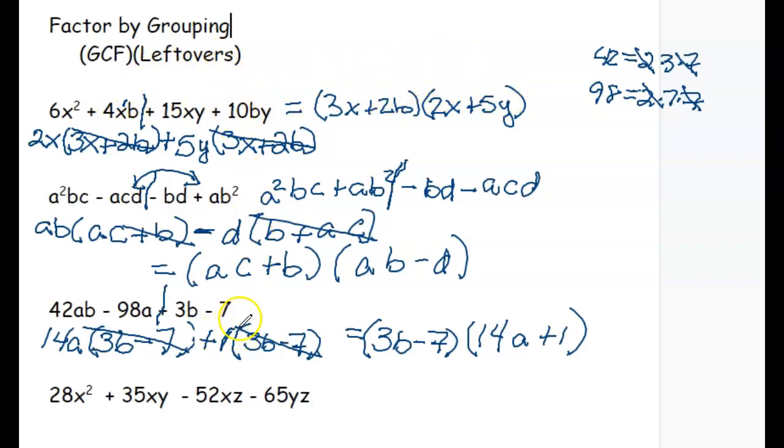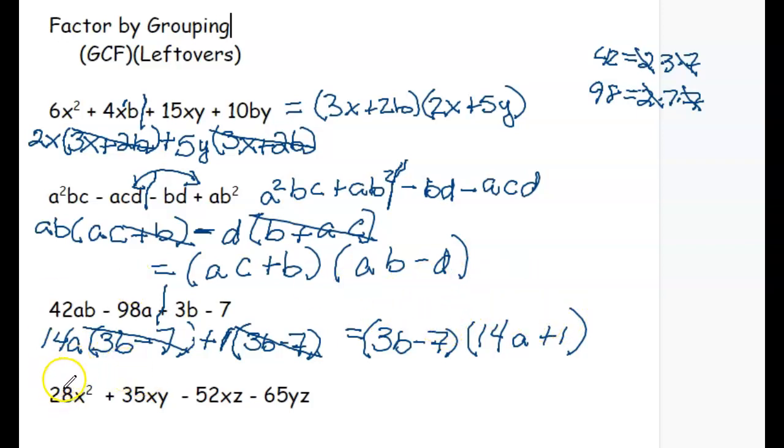So the reason I said this 1 is so important, if I had just written this as 14, and I distribute a 14a through here, I get 14 times 3, which is 42ab, and I get 14 times 7, which is 98a, but I don't get anything else. So I've got to put that 1 on there, because now I get to distribute that through there.